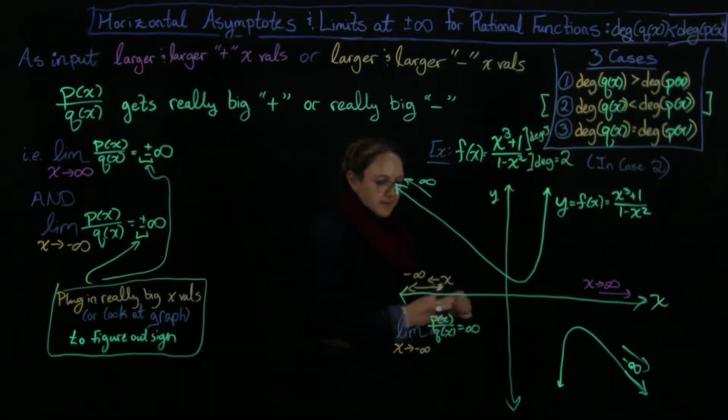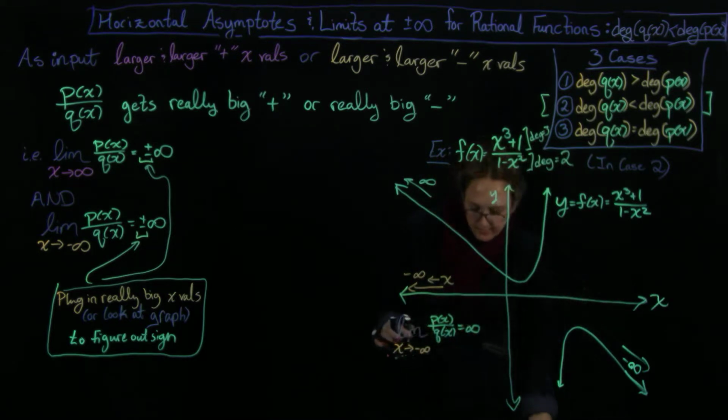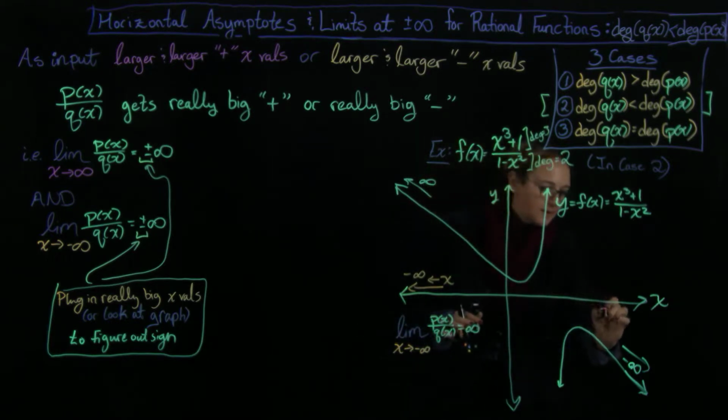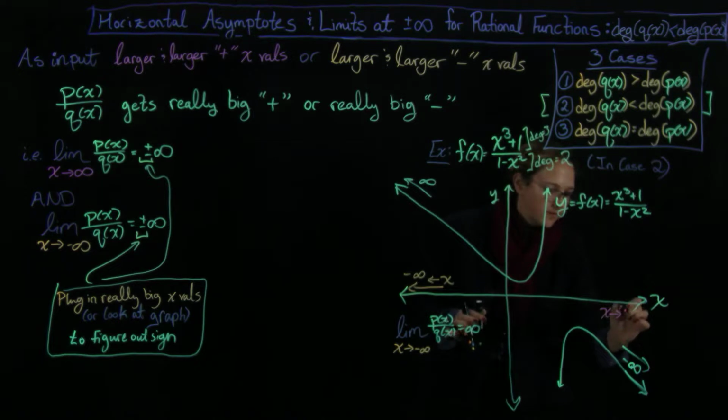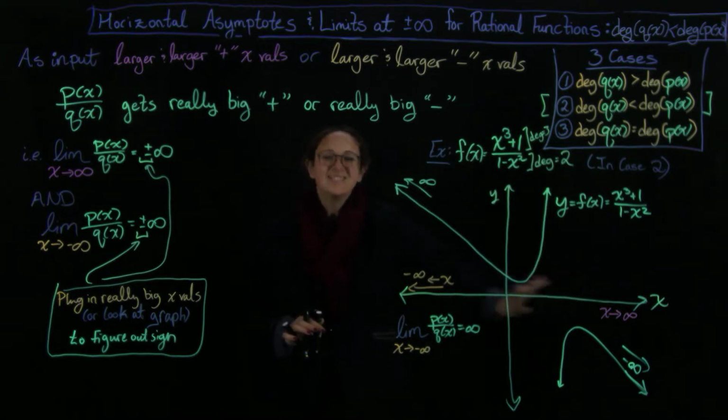So I'm going to move this a little to give myself some room. Let's put that on the bottom. I have x going to infinity here, because I'm going rightward.